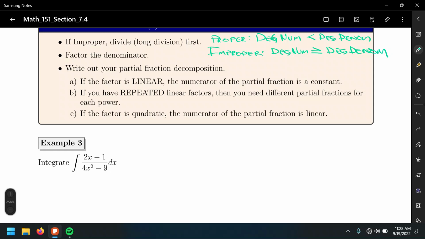I'll explain why in a minute or later. If we have repeated linear factors, you might want to highlight this part. If the factor is linear, the numerator of the partial fraction is a constant, and if repeated, then we need different partial fractions for its power. That's something I would like to cover in more detail maybe next time, maybe not today.